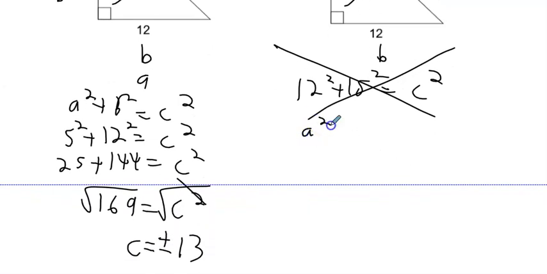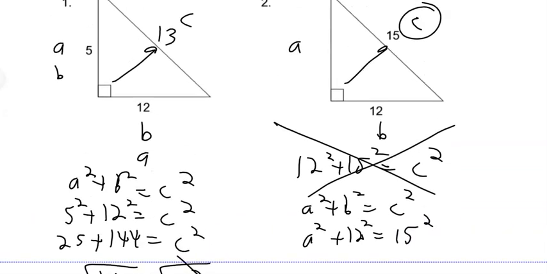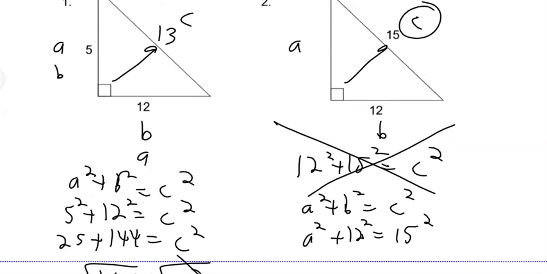So if you write a squared plus b squared equals c squared at the start, it doesn't take long. It's not a lot of work. And you do this, a squared plus 12 squared equals 15 squared. Okay? So notice, I put one leg in for a, just a. I put in the 12 for b, and I put 15 in for c. And it would not matter if I called it a or b.